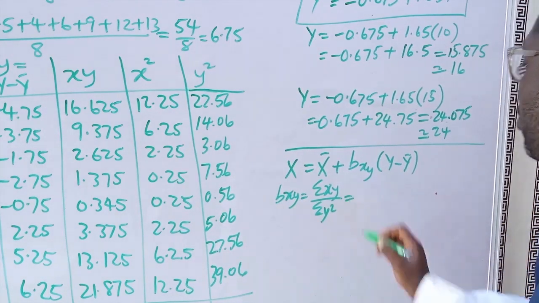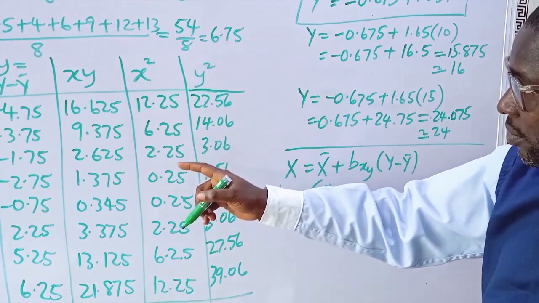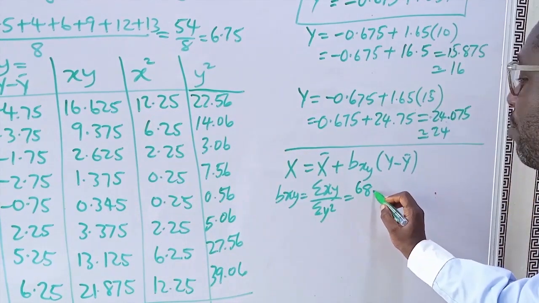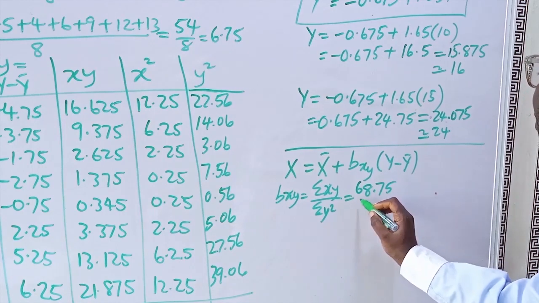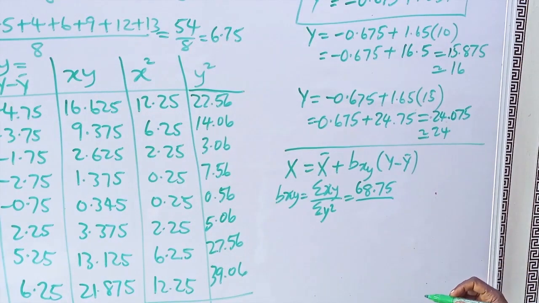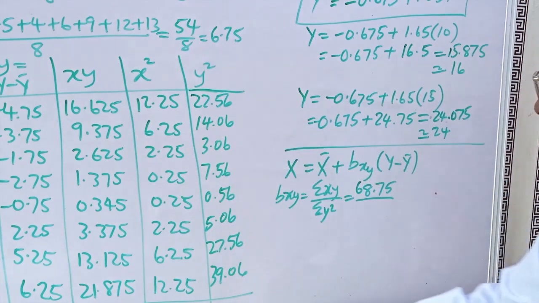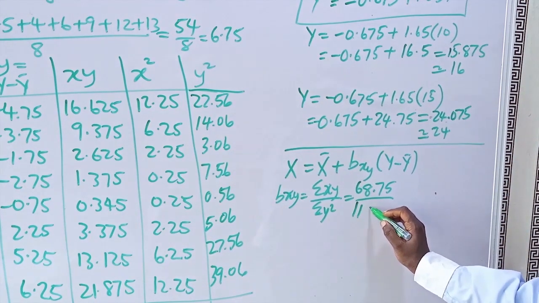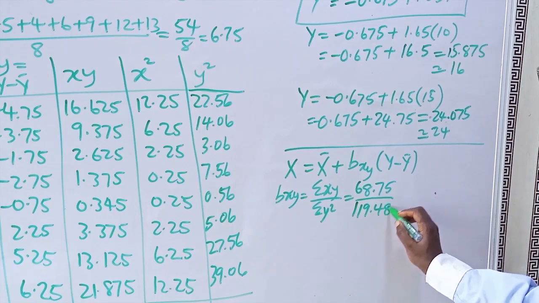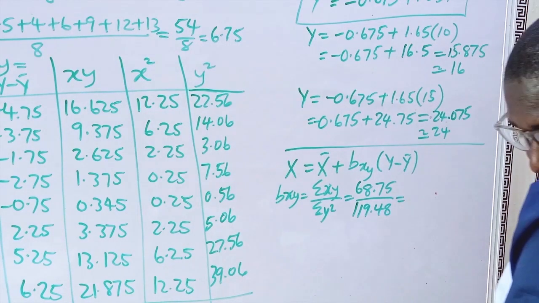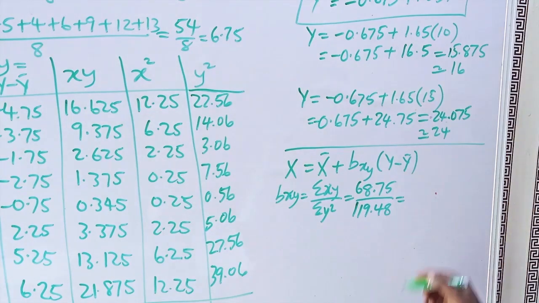The summation of xy is 68.75 divided by the summation of y squared, 119.48.